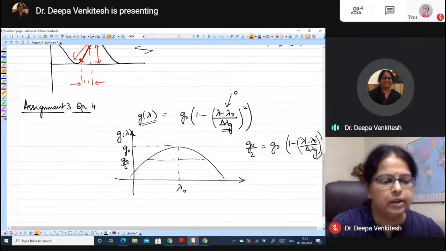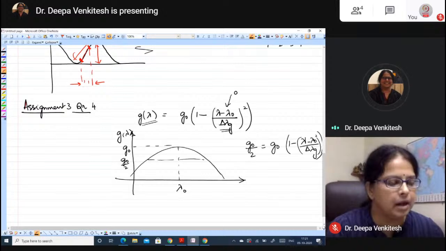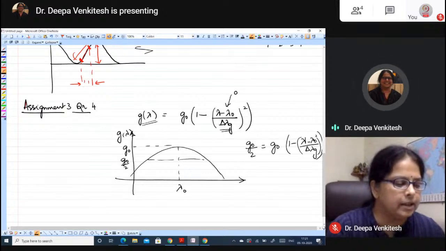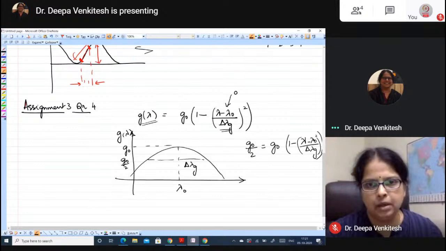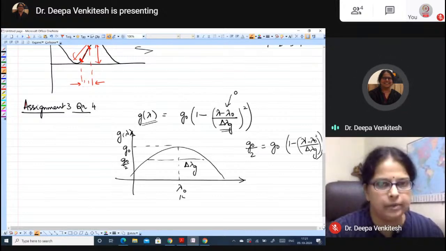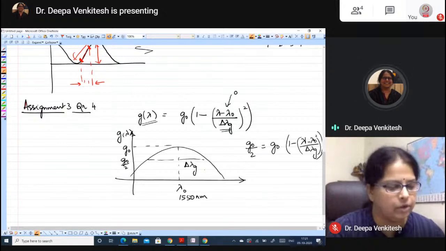You can solve this and find the lambdas for which it becomes half. You will realize that delta lambda G gives you a measure of the width of the parabola. Lambda naught is given to be 1550 nanometer, and delta lambda G is given to be 15 nanometer.